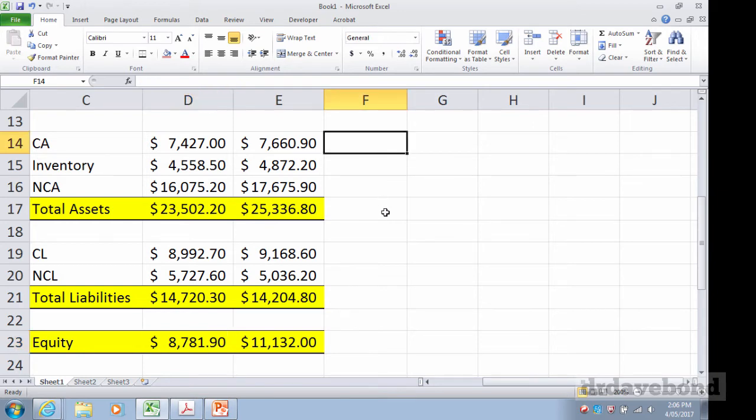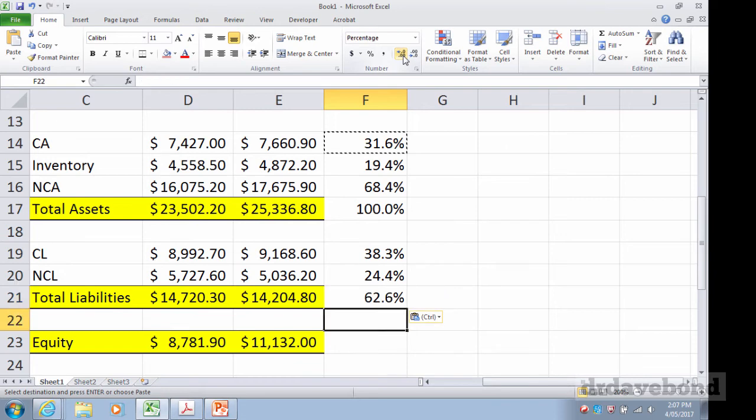In terms of what we use as a benchmark for the balance sheet, we use total assets. So if we look at current assets in 2016, current assets are 31.6% of total assets, and so on. So total assets are 100%. Liabilities are 62%. So they have more debt than equity in the business.